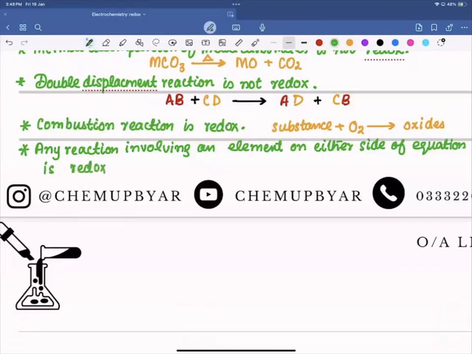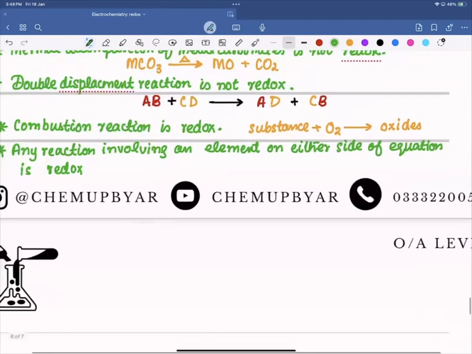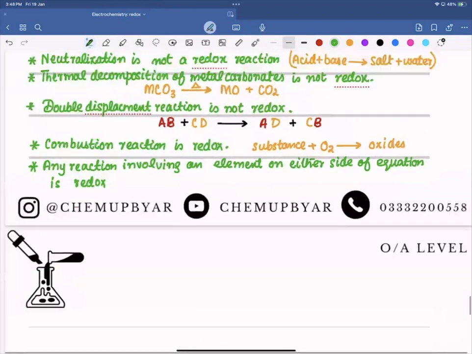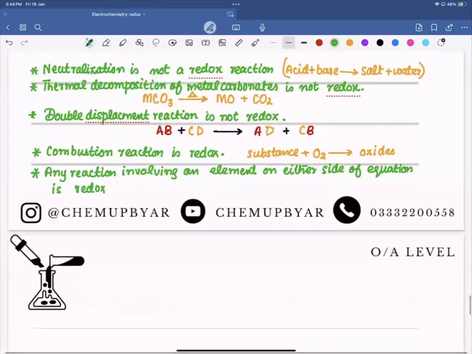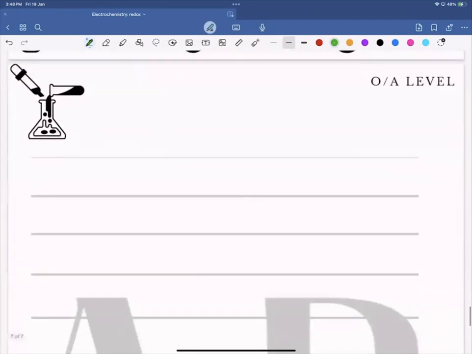So if you see an element on one side and on the other side that element is part of a compound, it clearly indicates that it is a redox reaction. Okay. If you have any confusion, please ask. No, sir.